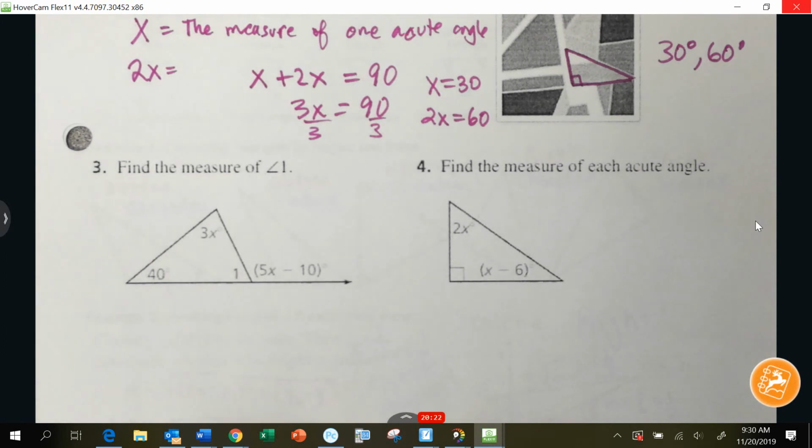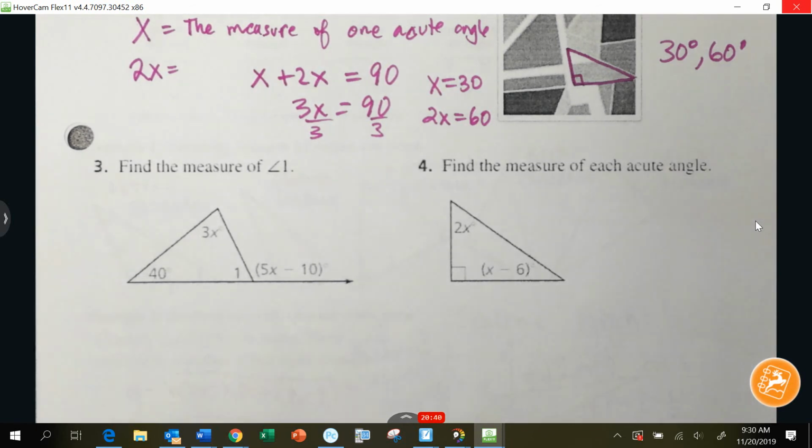Oh, no. There's actually a couple ways you could set this up. What could we do for angle 1? Nobody knows. Come on. Jesse. You would have to do the 5x minus 10 too?